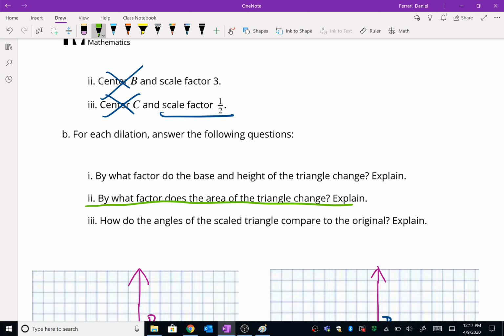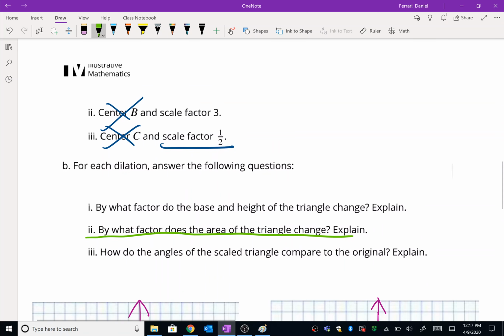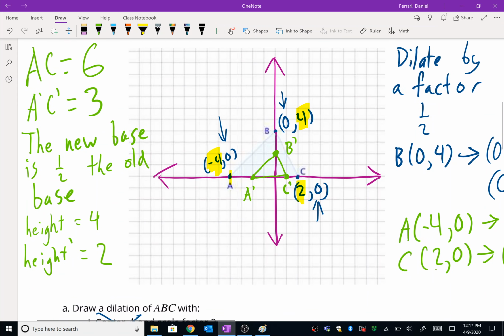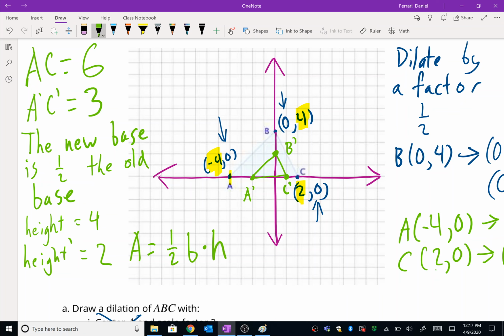Number 2, by what factor does the area of the triangle change? Remember that the area of a triangle is 1/2 times the base times the height. So the area of the original triangle is 1/2 times the base, which we said was AC from before, so times 6, and then times the original height, which was 4.